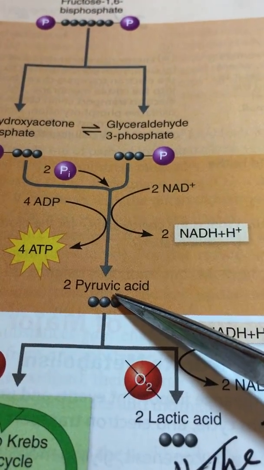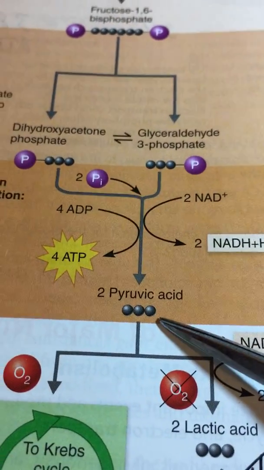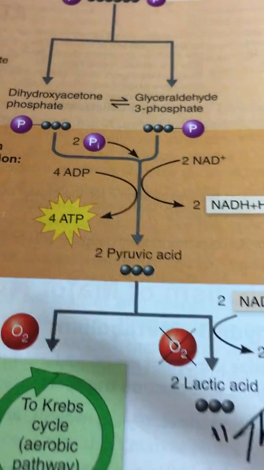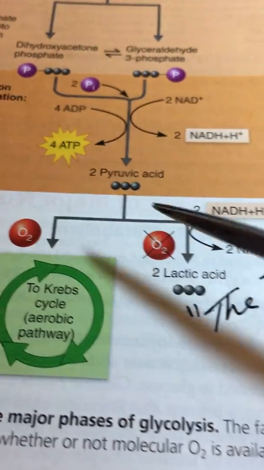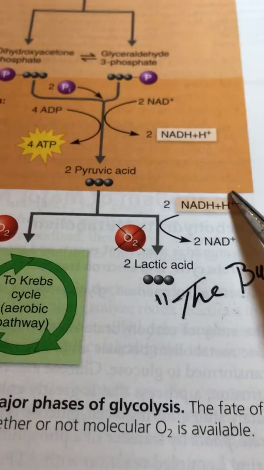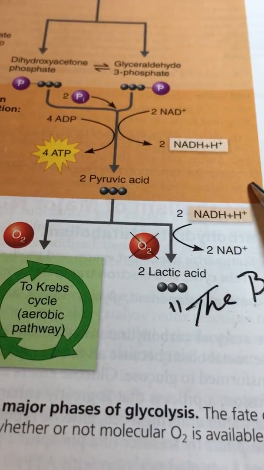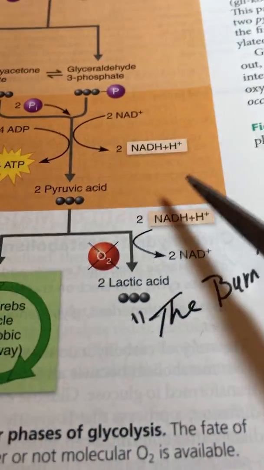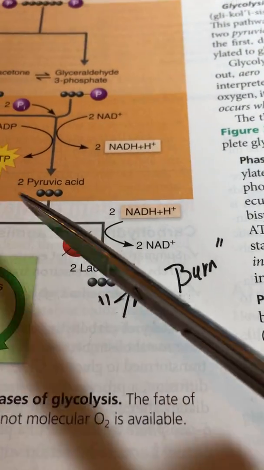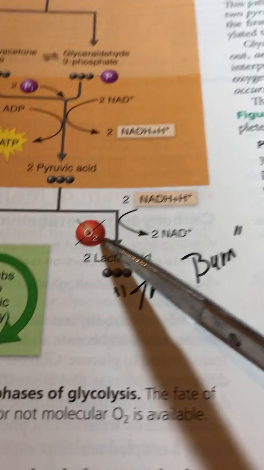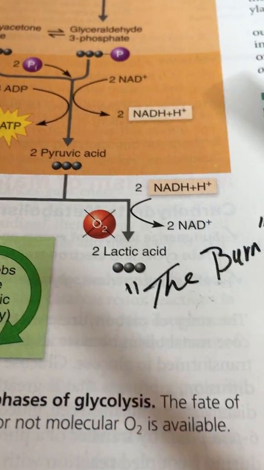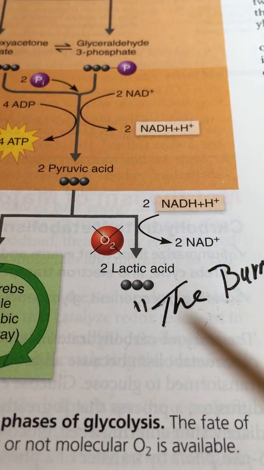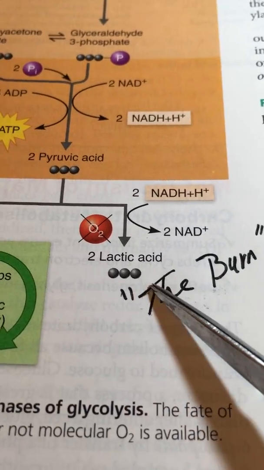So on 2 pyruvic acids, 2 3-carbon molecules right here, we're going to just stop. Because what if we're sprinting right here? What if we're lifting weights right here, going for the burn, right? So in this case, if we don't have any oxygen here, they've crossed out the oxygen, then ultimately what we're going to end up with is lactic acid.